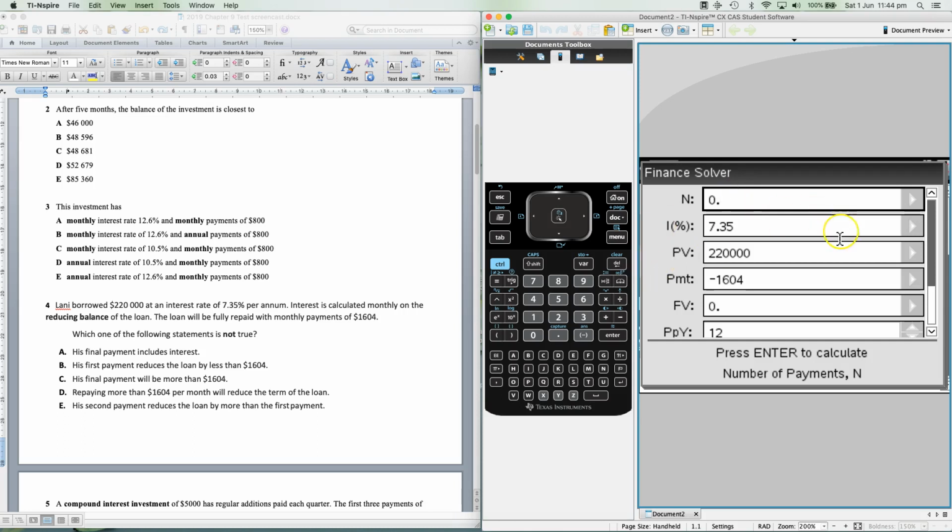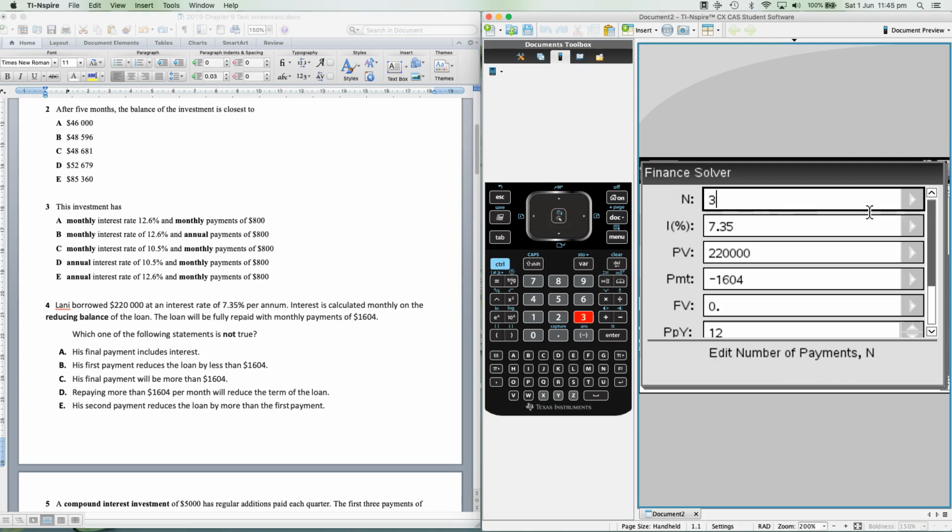Now, when we solve for n, we get a value of 300.2, so close to 300 months. So a strategy we can use here, we can make n 300, and that will tell us what will be sort of left over, if you like.